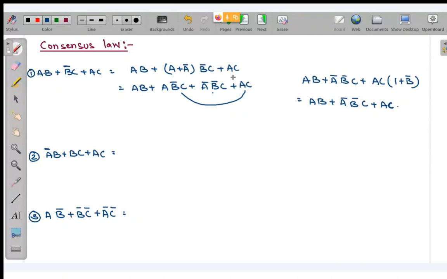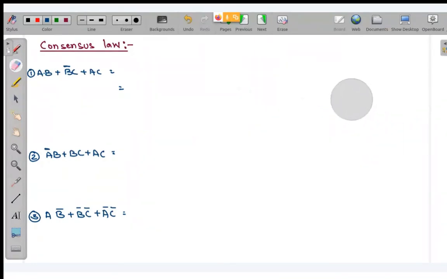Okay, let me try it once again. So this I can write as AB plus AC plus B bar C. And what can I write over here?